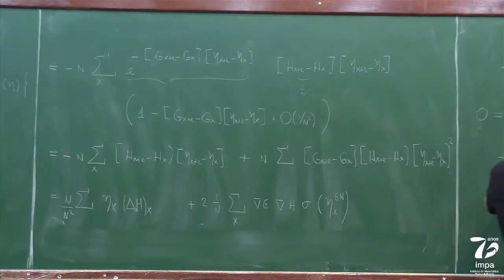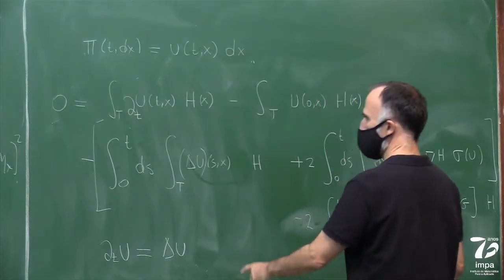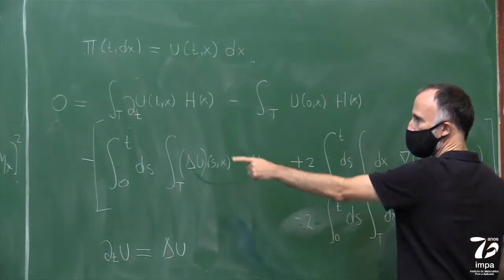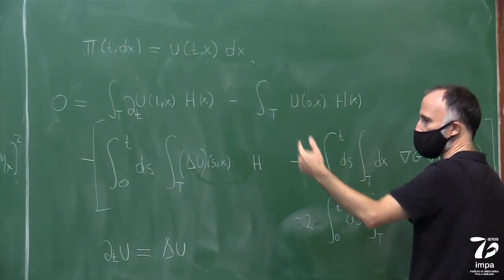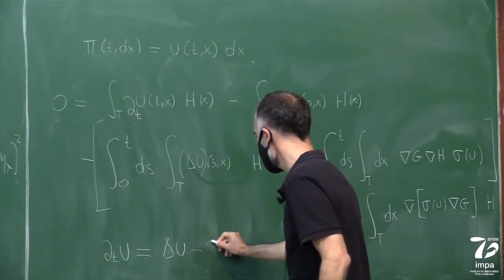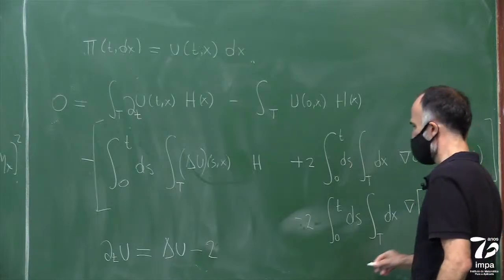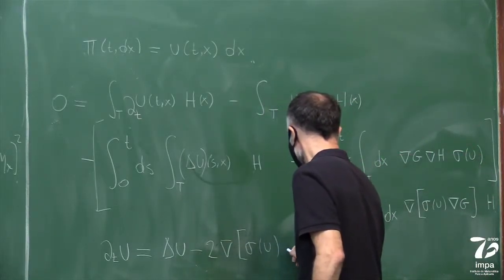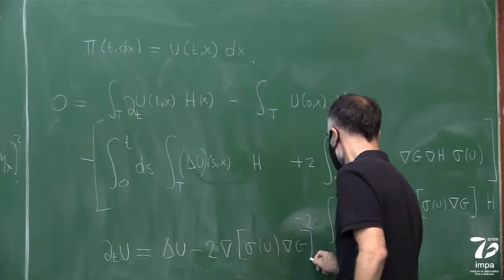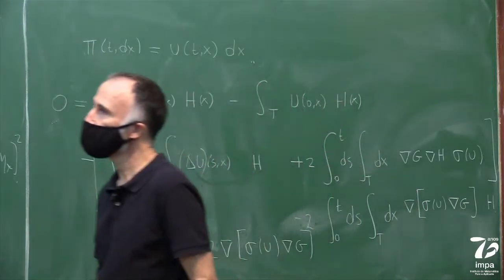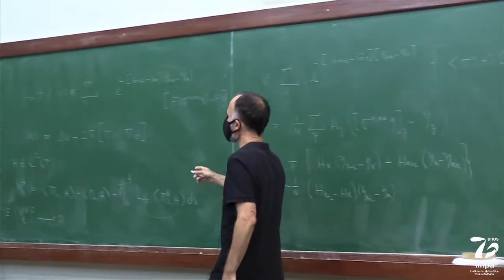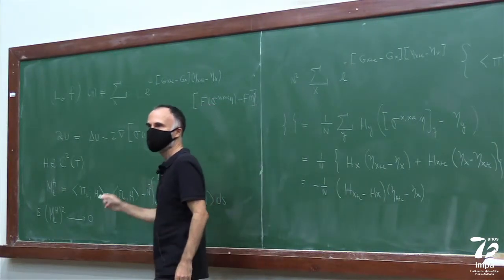So both have pluses, but now I integrate by parts. So this is still plus, but this one is a minus. With that minus, it becomes a plus. So on the other side, it will become a minus. So minus 2 times gradient sigma of u gradient of g. Okay, and this is exactly what I told you. Okay, so this is the hydrodynamic equation.